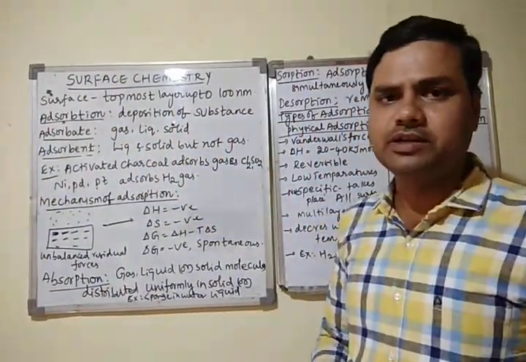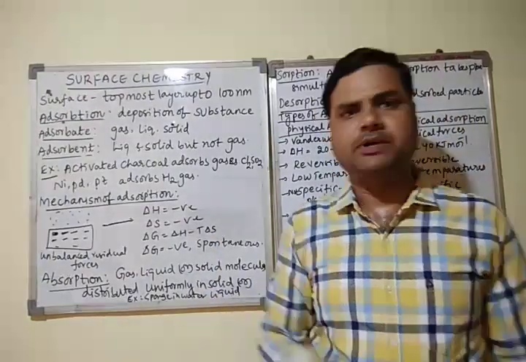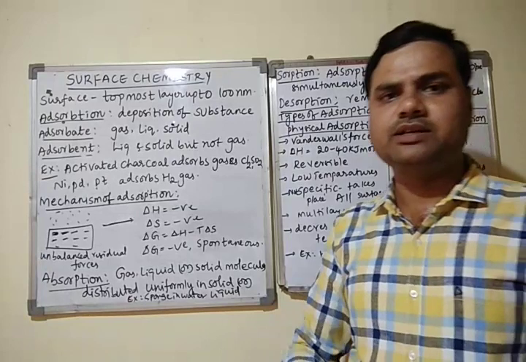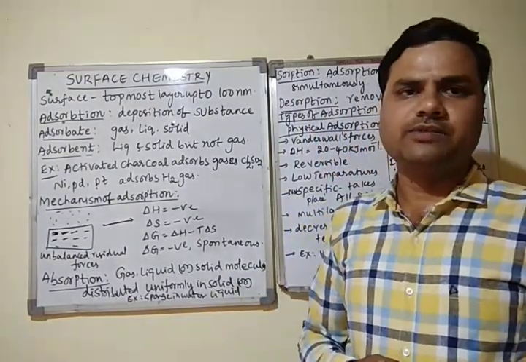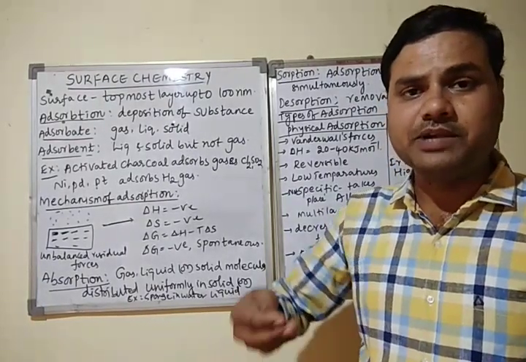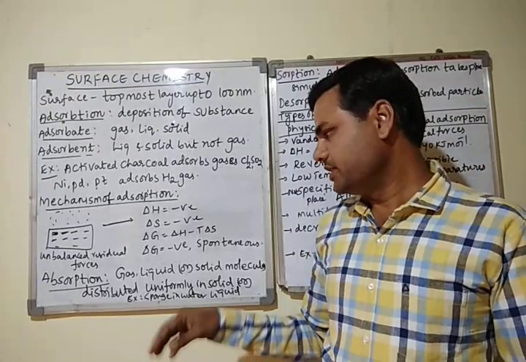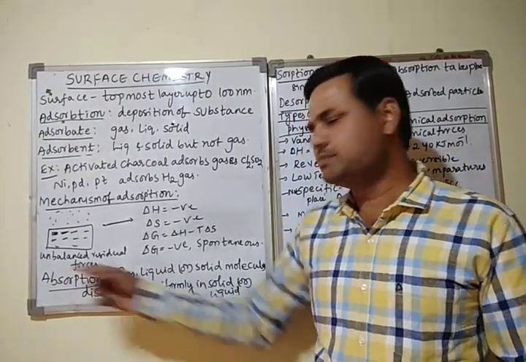Absorption means, for example, when you dip a sponge in the water, the sponge will immediately attract the water. Water is completely entering into the sponge. This is one example of absorption.